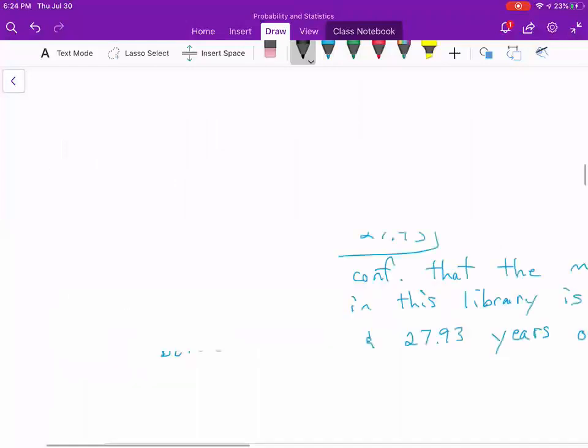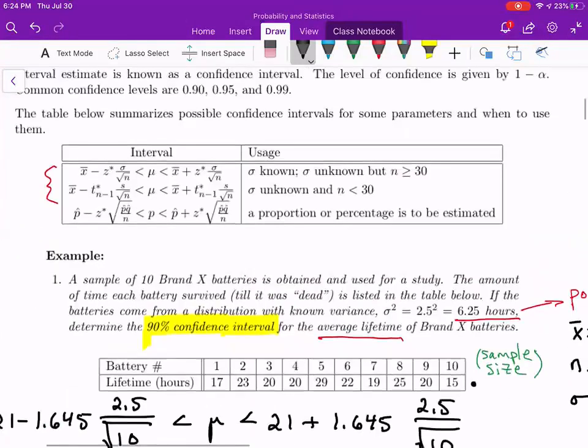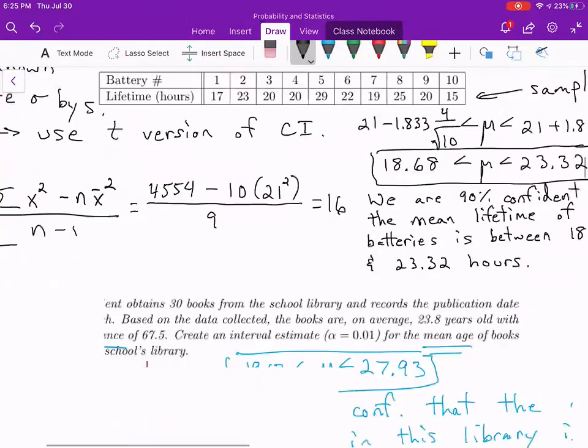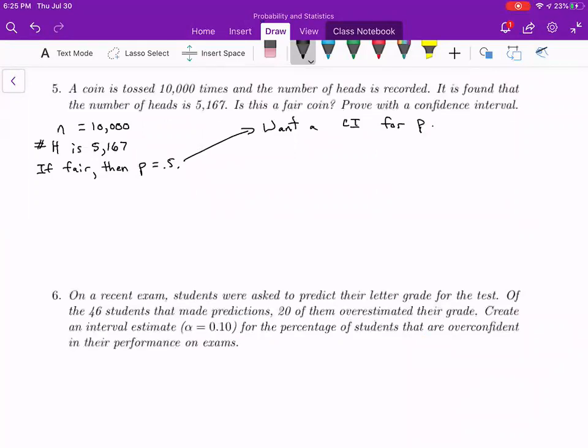So let's take a look at the confidence interval formula, which is the third one. The confidence interval formula uses P hat, Q hat, N, and Z. Now P hat is our sample proportion.